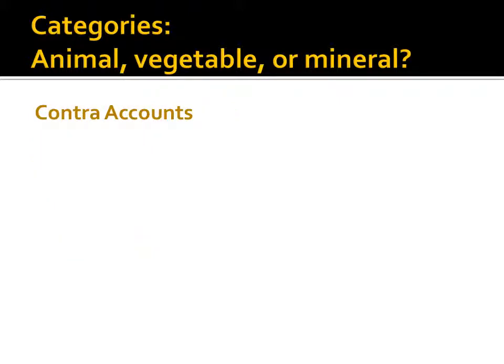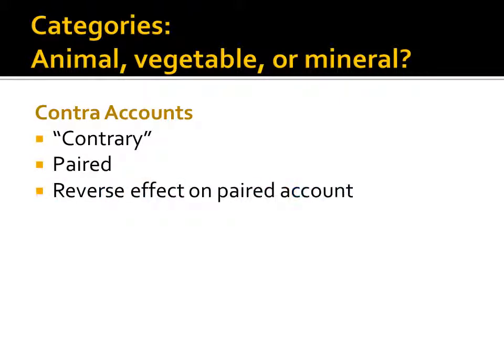We also have contra accounts. We're going to come back to how we handle the temporary accounts in a moment. We have contra accounts. And those are contra because they're contrary. They're paired to a main account. And they have the reverse effect on their paired account.